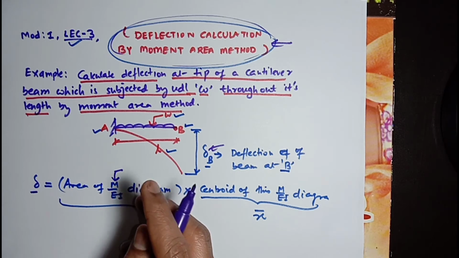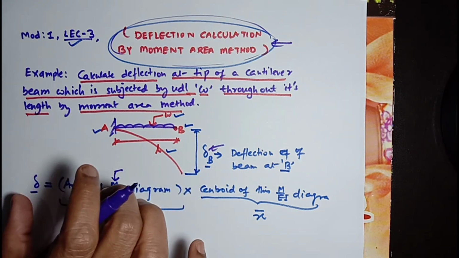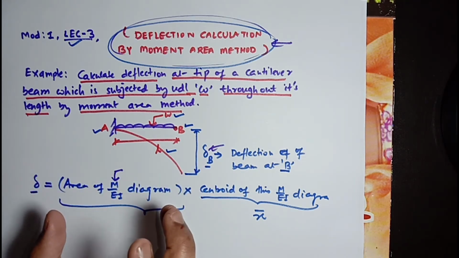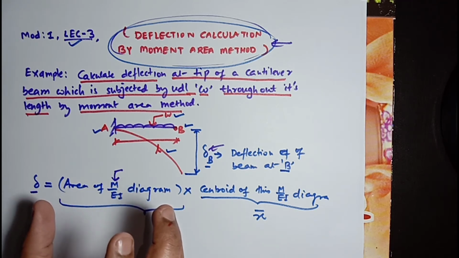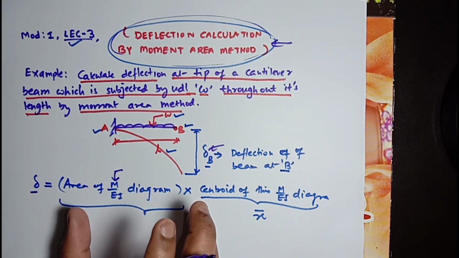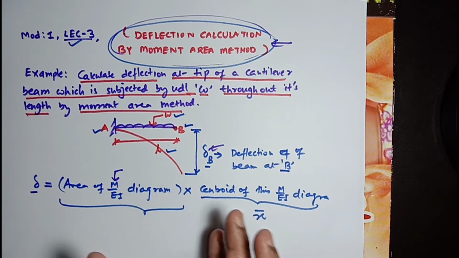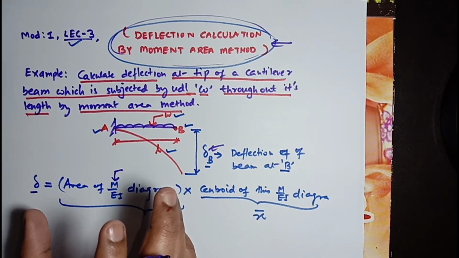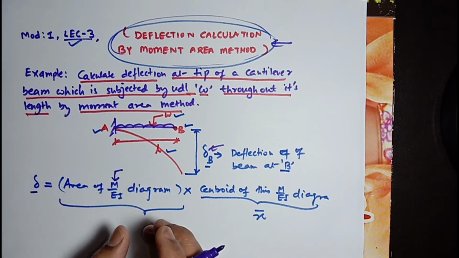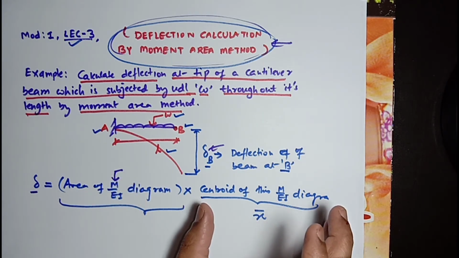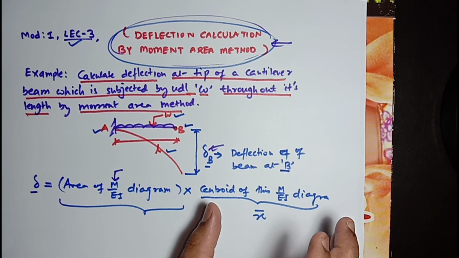So for calculating deflection, we have to solve two parts and follow them separately. First, we have to generate an M over EI diagram, and second, we have to find the centroid of this M over EI diagram.